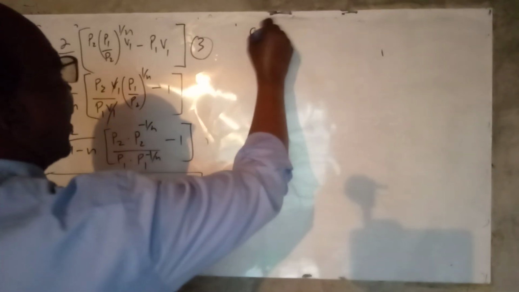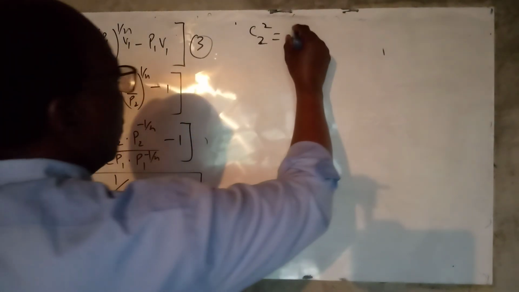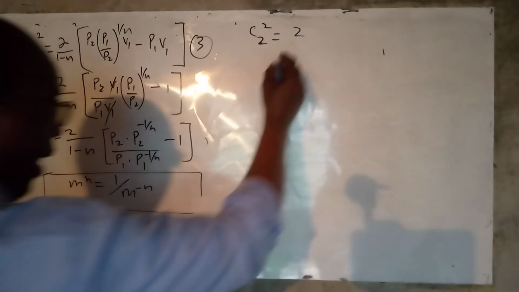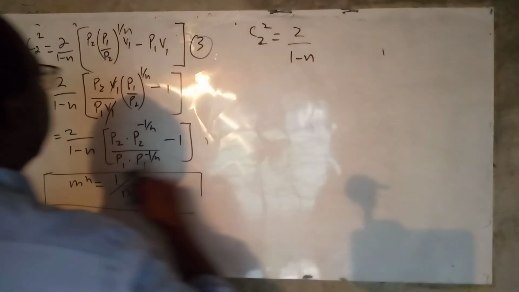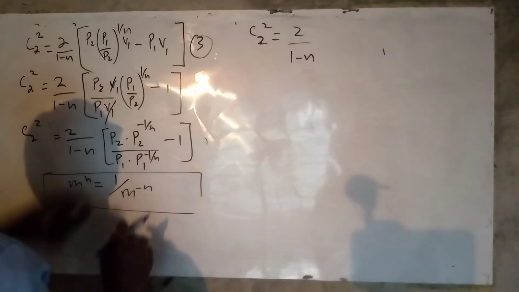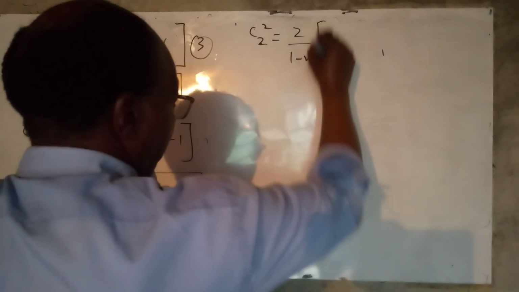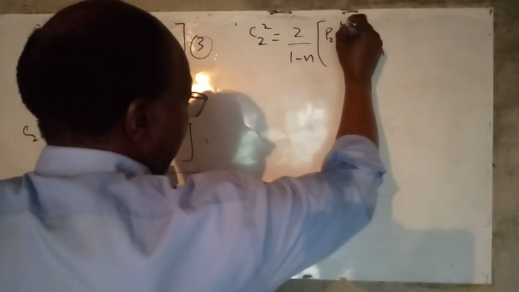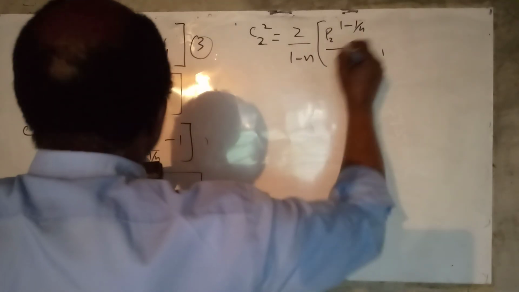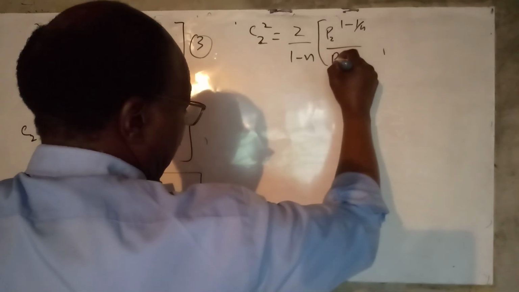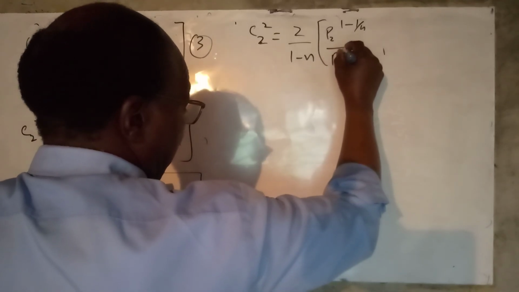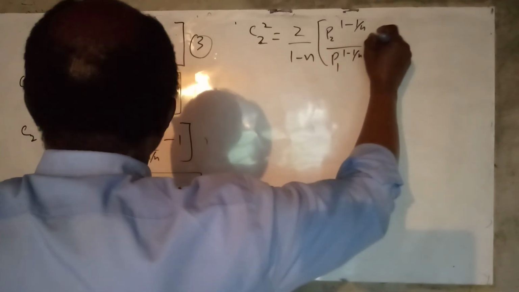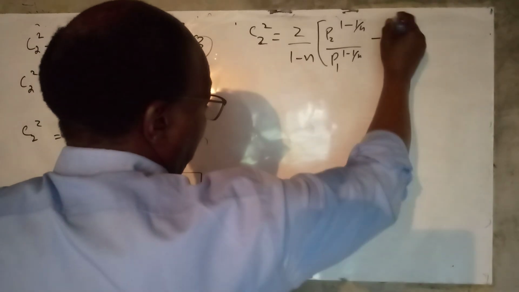So let us simplify this further. C2 squared will therefore be 2 into 1 minus n, and of course this will be P2 into 1 minus 1 over n, P1 into 1 minus 1 over n minus 1.